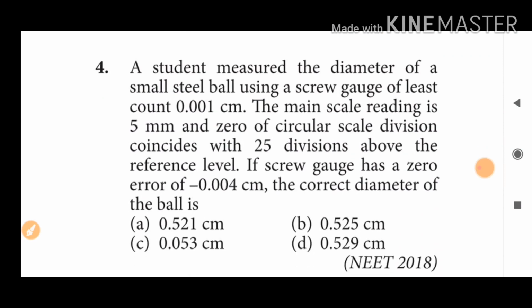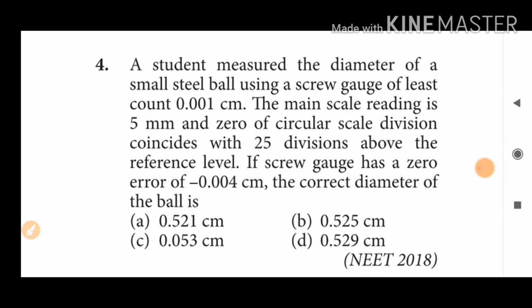Now question number 4. A student measured the diameter of a small steel ball using a screw gauge of least count 0.001 centimeter. The least count is given here, note this point.